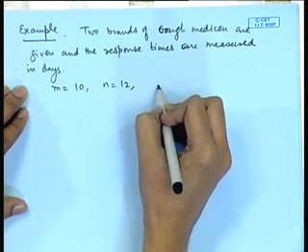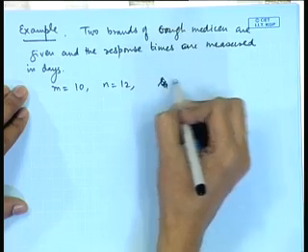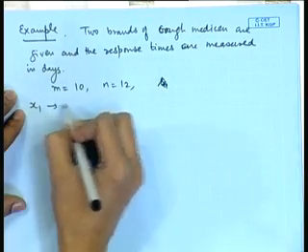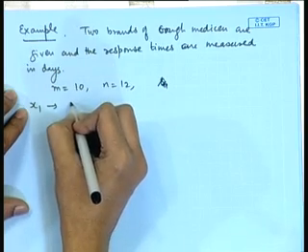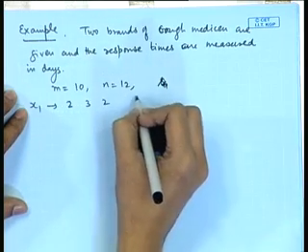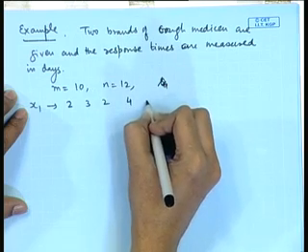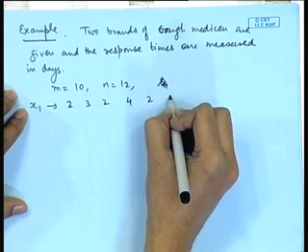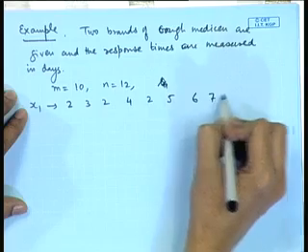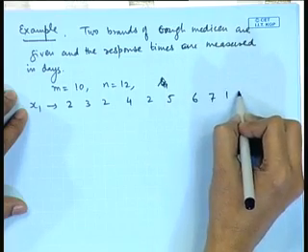12, and we are getting the observations as x1 is equal to say 2, 3, 2, 4, 2, 5, 6, 3, 7 and then 1, 2.